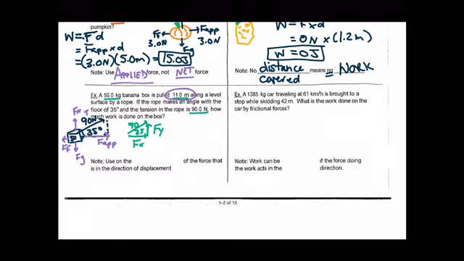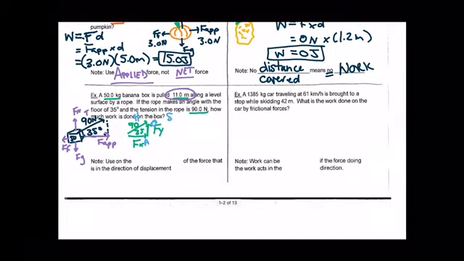If this box was being pulled up, then it would be different because then you would be wanting to use the vertical component. So let's find our horizontal one, or the f of x. So this is our adjacent, opposite, and hypotenuse.